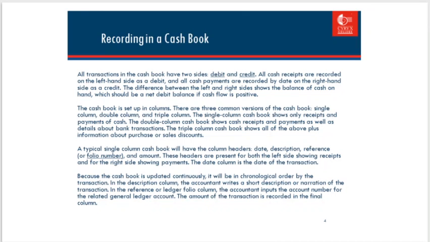Because the cash book is updated continuously, it will be in chronological order by the transaction. In the description column, the accountant writes a short description or narration of the transaction. In the reference or ledger folio column, the accountant inputs the account number for the related general ledger account. The amount of the transaction is recorded in the final column.